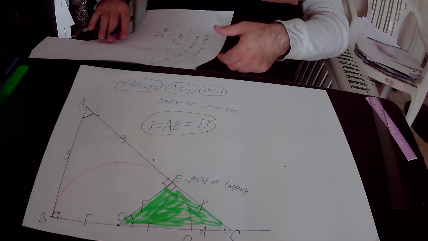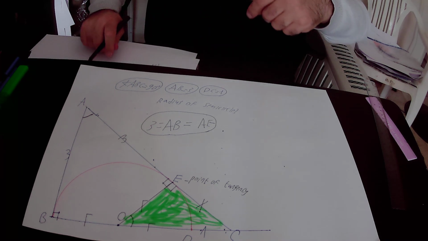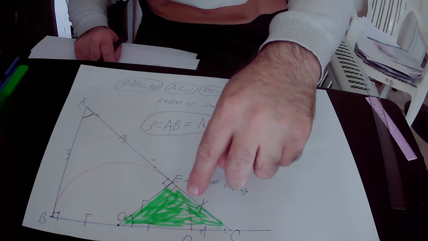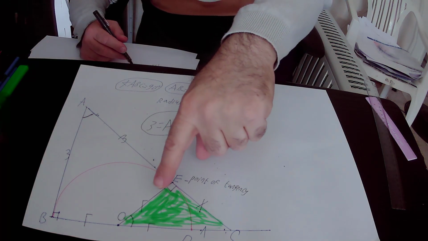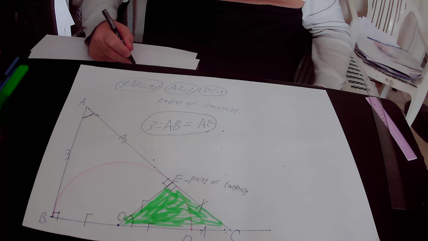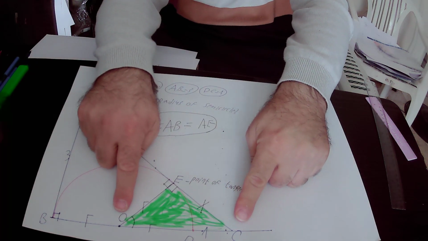And what is the value of OE? The value of OE is the radius of this right semicircle. So OE equals R, as you can see from the drawing. What is the value of OC?